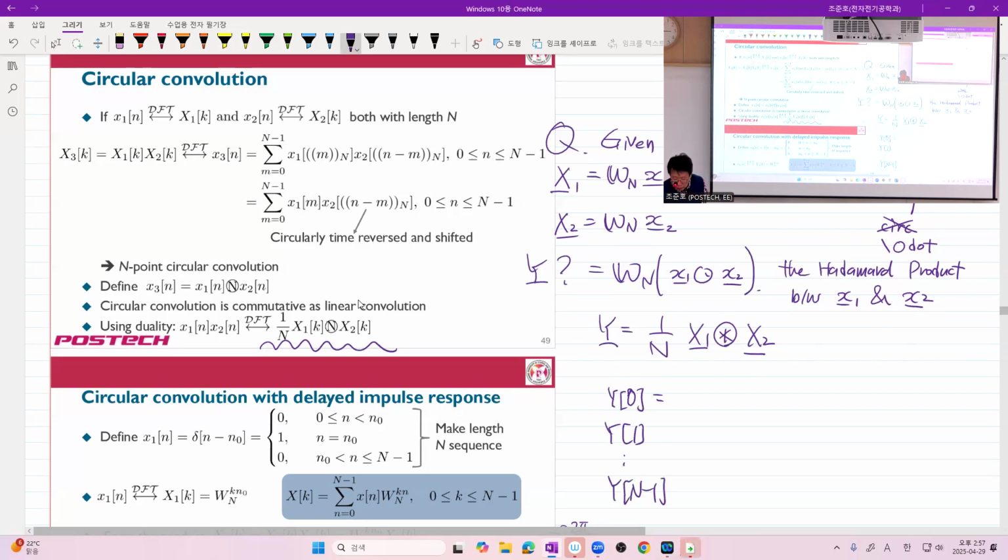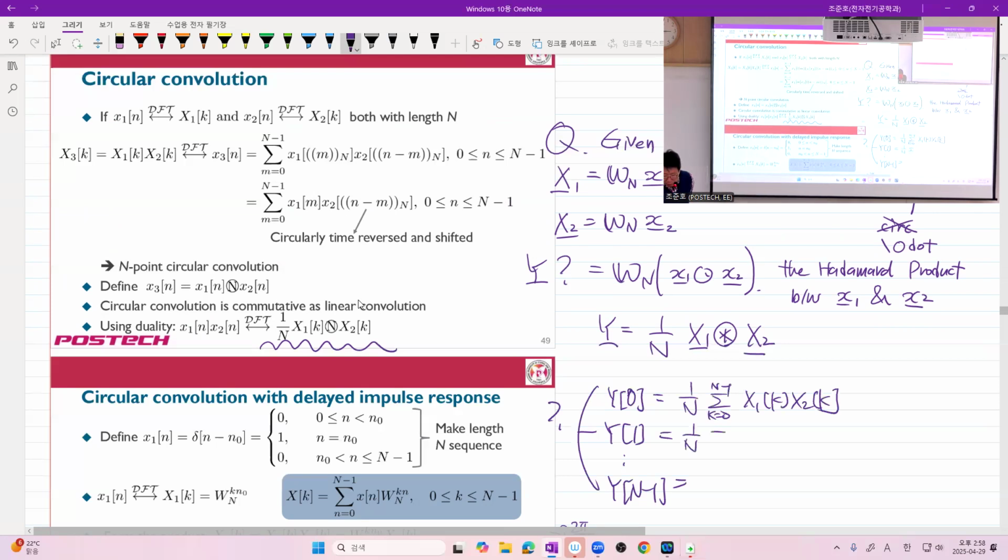What is the definition of this one? What we do is circular downshift, for example, the right side, and consider the inner product. So we have 1 over N sigma x1[k] x2[k].